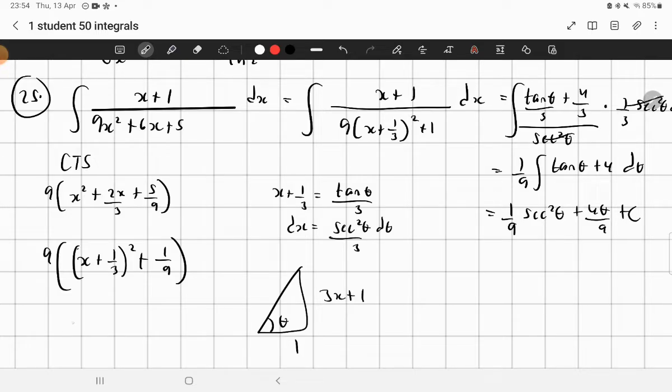Wait, I have to check first. 9x squared plus 6x plus 2. 3.